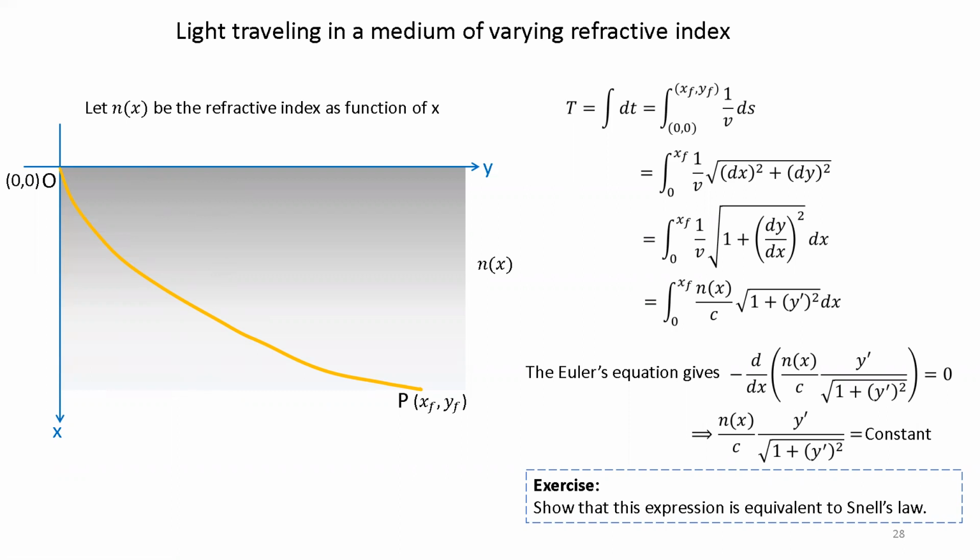Now, at this starting point and this end point, I want to find out the total time for the light to travel. The formula that I use here is what you have seen before: ds divided by v is dt.